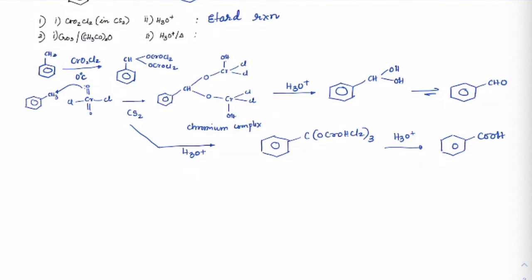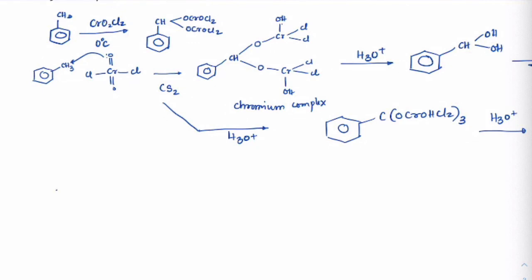So what might take place, let me show that once again. So same toluene here on treatment with CrO3 in the presence of Ac2O, right. This is (CH3CO)2O. So in the presence of Ac2O here, got it. So first we will get this kind of a complex here.